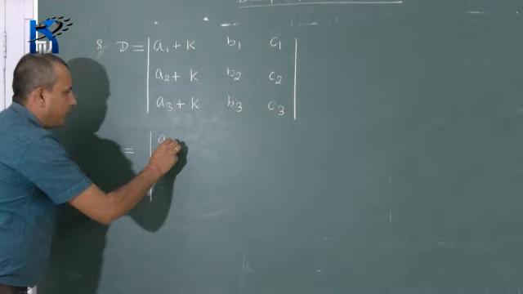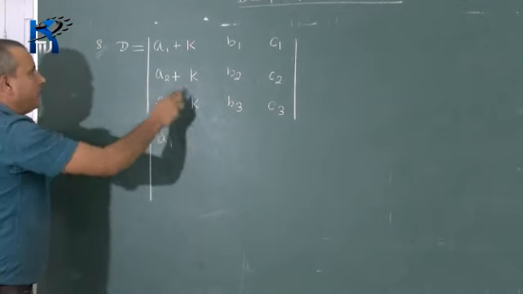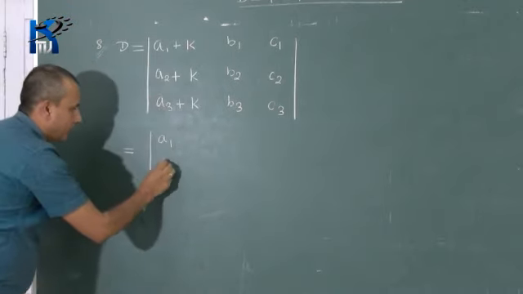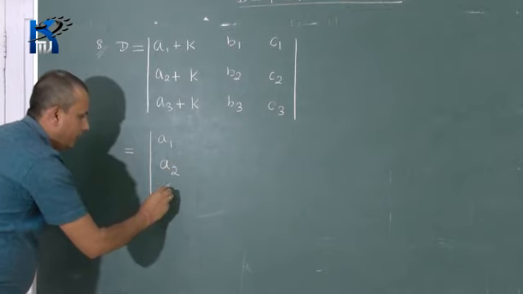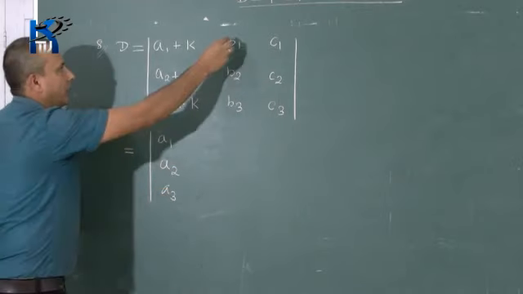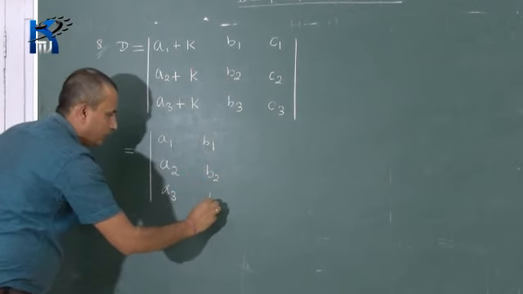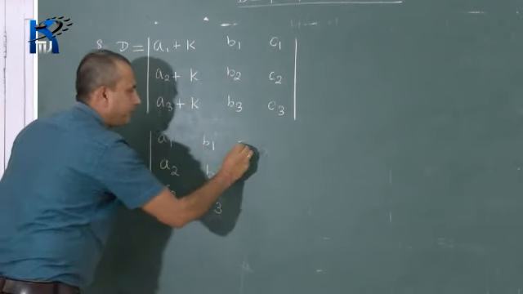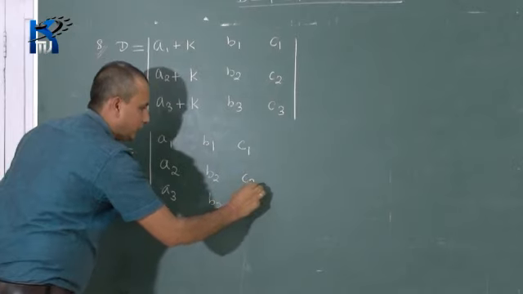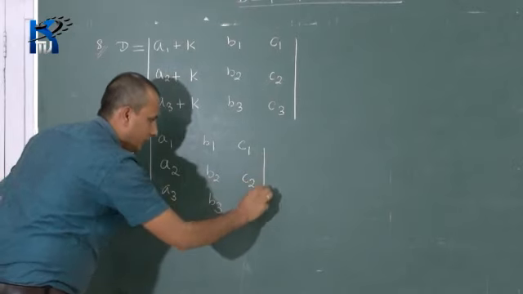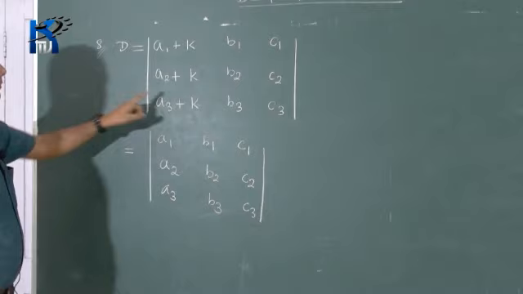From the first column we can use the first subcolumn elements A1, A2, A3. Next, I'll use B1, B2, B3, then C1, C2, C3. Next, I'll use the other subcolumn.